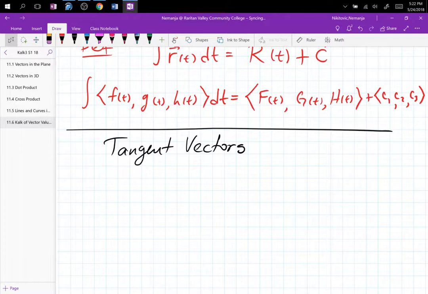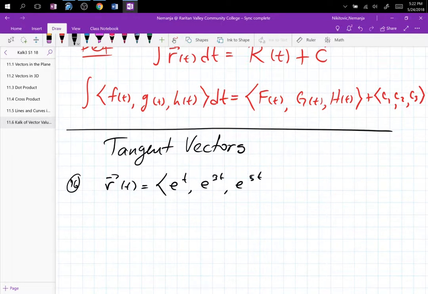So let's take a look at the tangent vector problem. Say 16 from the book. We have the path function, the parametrization for the path, vector valued function r, given as e to the t, e to the 3t, e to the 5t. And we want to find the tangent line at time t equals 0.